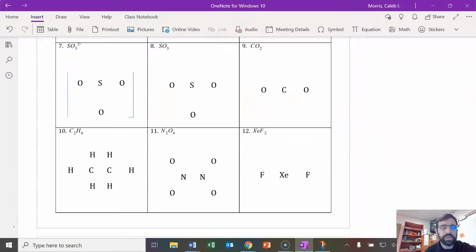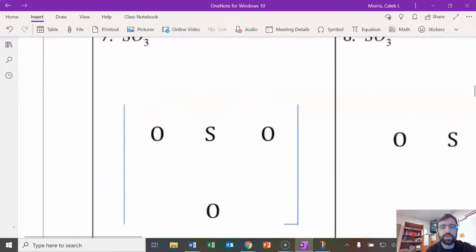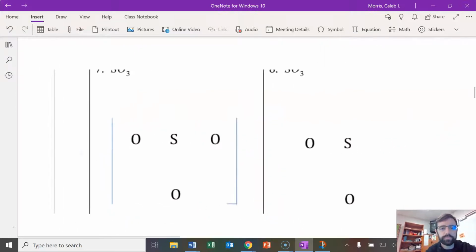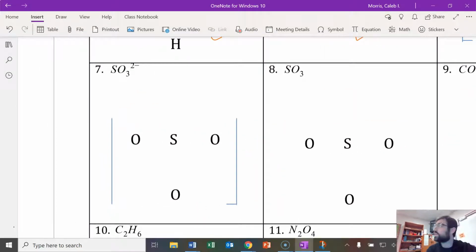SO3 with a -2 charge. Let's look at this one. Sulfur is in group 16, and so is oxygen. So we have 6 plus 6 times 3. And then this -2 charge means I'm going to have extra electrons.